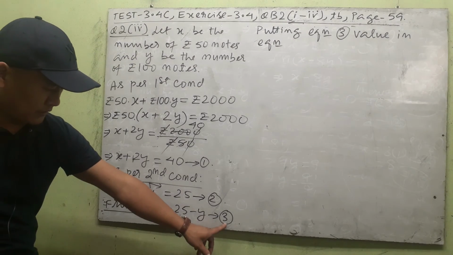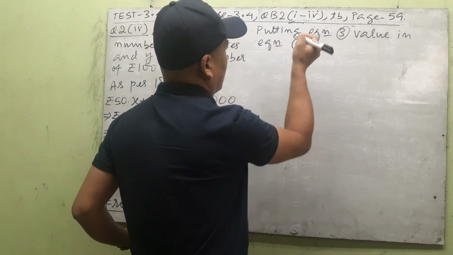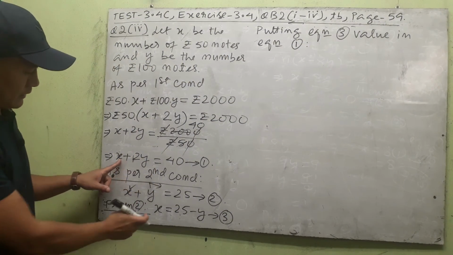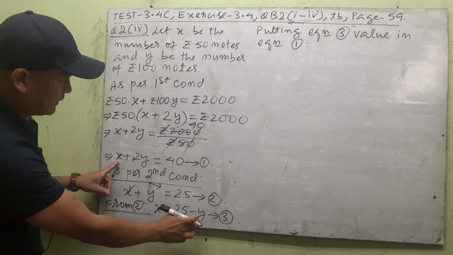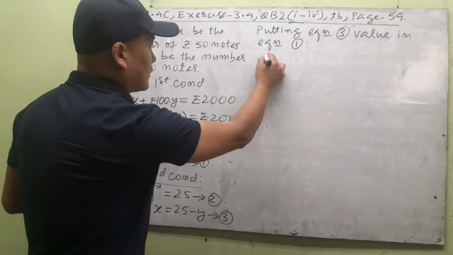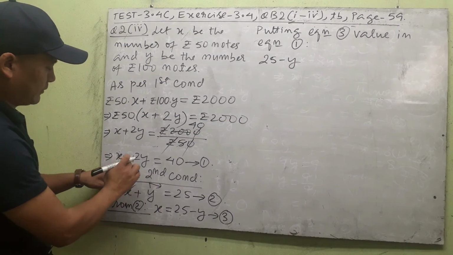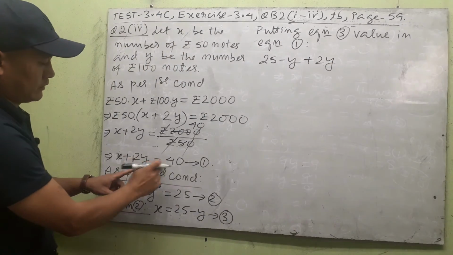Since we got equation 3 by using 2, don't put it in 2 again. We're going to put it in the other one, 1. Go back to 1 now. x is now replaced by the value from 3, so x is 25 minus y. This x in equation 1 is going to be replaced by 25 minus y, the remaining will be the same, plus 2y, as you can see here, is equal to 40.